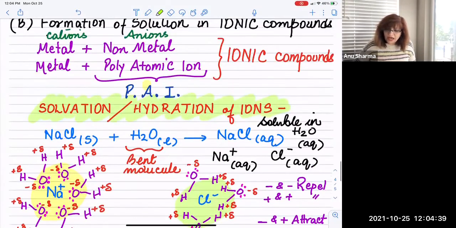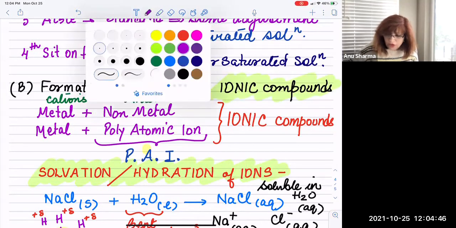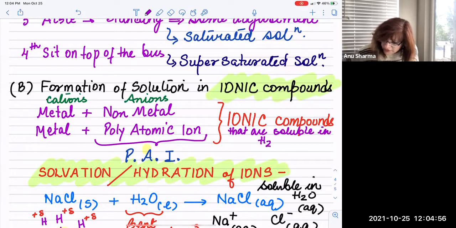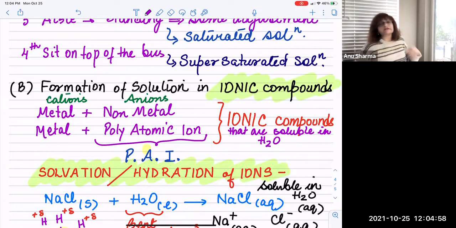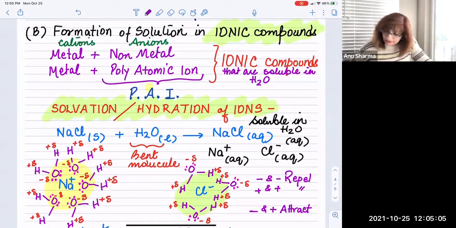This only happens in ionic compounds that are soluble in water, not all of them. We're going to look at the solubility in a minute. If they do not dissolve in water, this is not going to happen. But if ionic compounds are soluble in water, then that's going to happen, okay? So this is one piece.